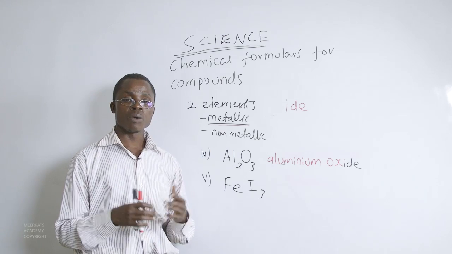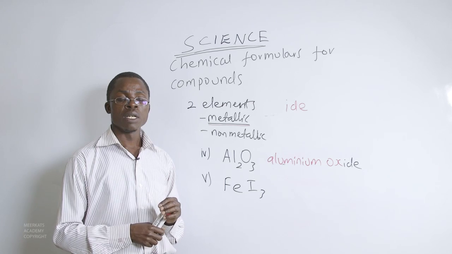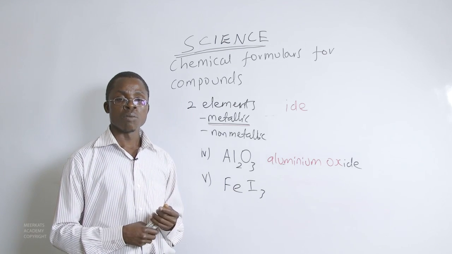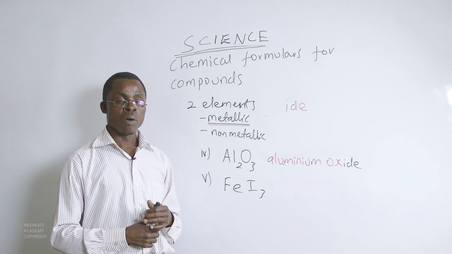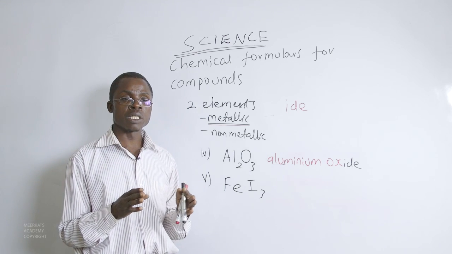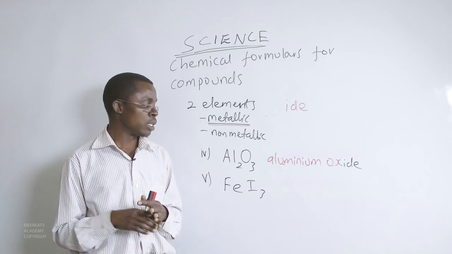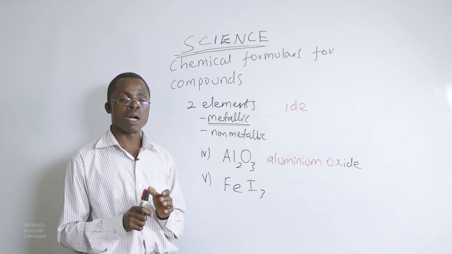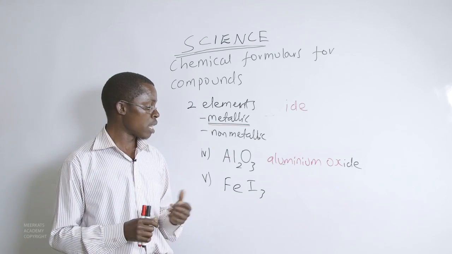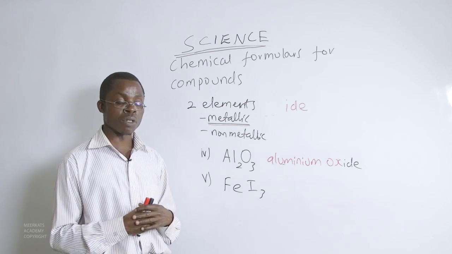Remember when we learned about halogens, iodine was named as one of the examples, where we had fluorine, chlorine, bromine, and iodine. We also mentioned this when we were talking about nonmetals that exist as gases, those that exist as liquids, and those that exist as solids. So iodine was among the nonmetals that exist in solid state, which are rare. There are very few that exist in solid state as nonmetals. So iodine is one of them.